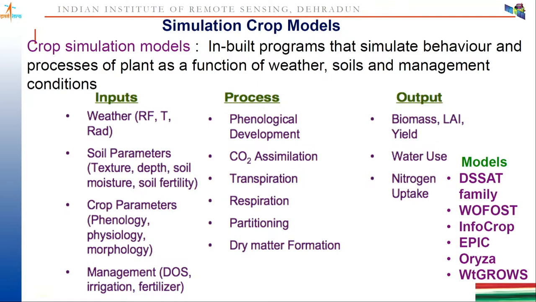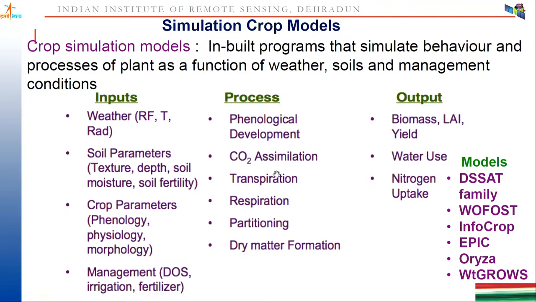We have to at least decide the time of sowing, number of irrigations given, time of fertilizer application, and so on. What kind of processes does it simulate? Rate of development, different kinds of phenological development, timing of occurrence of different stages of crop growth in a life cycle.